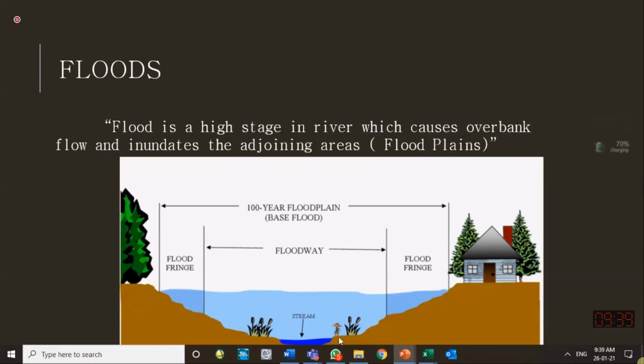What do we call overbank flow? In a compound channel in the main rivers. So flood is related to rivers, not canals. Flooding can be riverine flooding, which is caused by the overflow of rivers. But another kind of flood, which we are not talking about today, is urban flooding. In Lahore, usually the Ravi is not flowing overbank, but sometimes we see water standing in the cities.